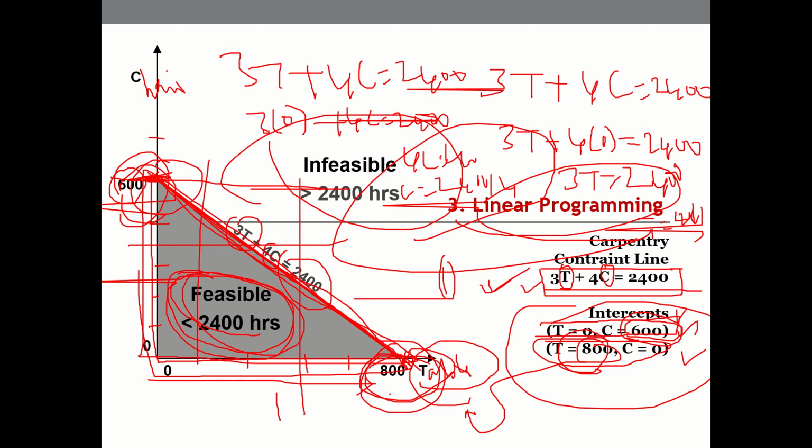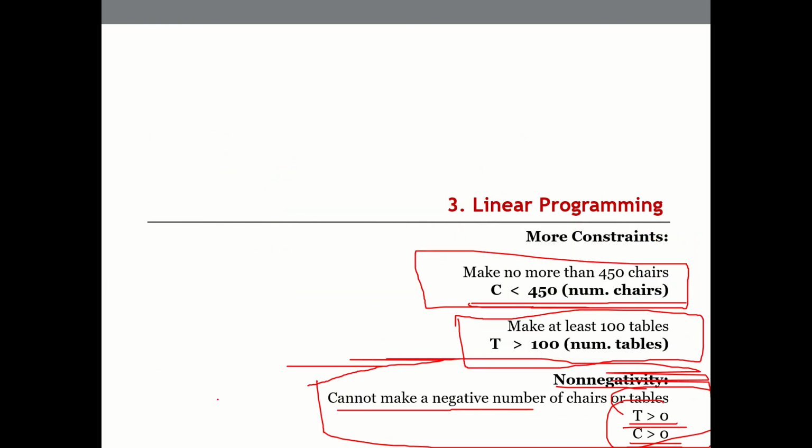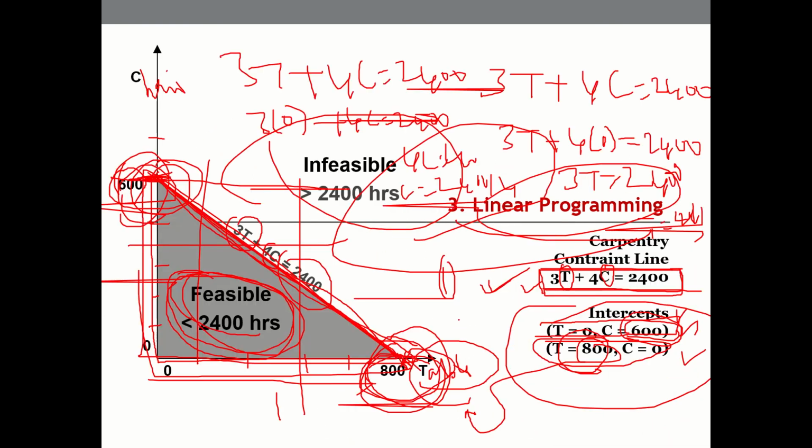As per this, if we construct this using this linear equation, we get an intercept of 600 for chairs and an intercept of 800 for tables. So for this equation, it says we can make a maximum of 800 tables and 600 chairs, and all this gray area that you see inside is feasible.